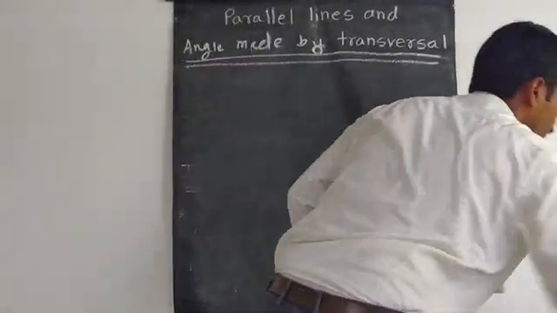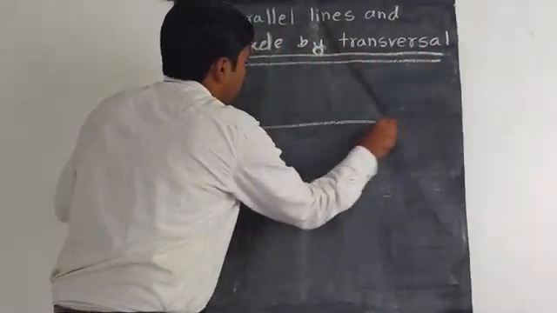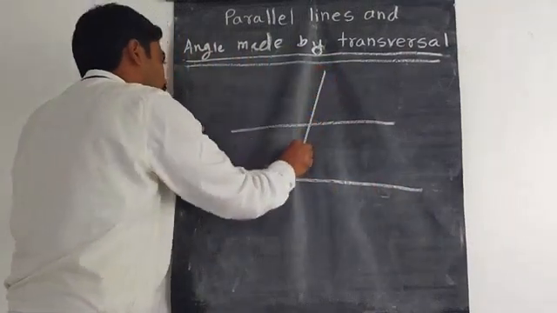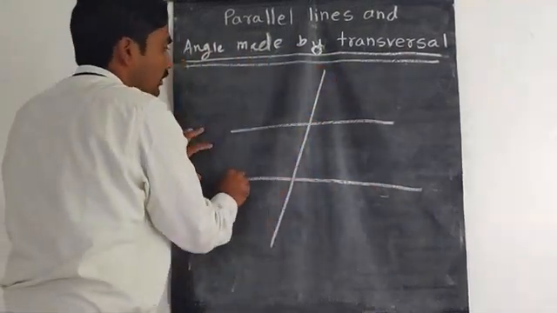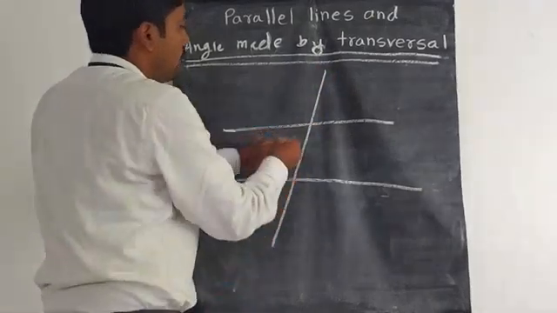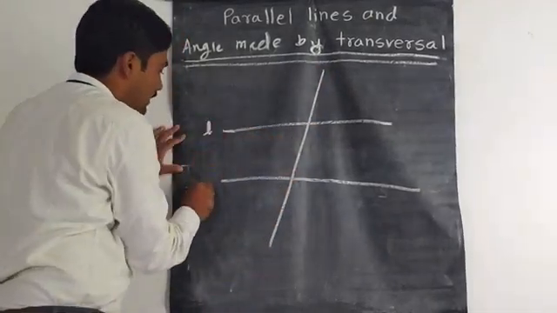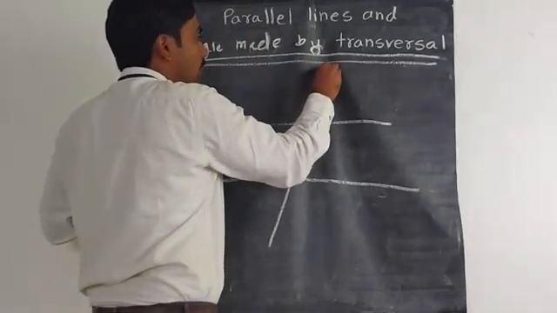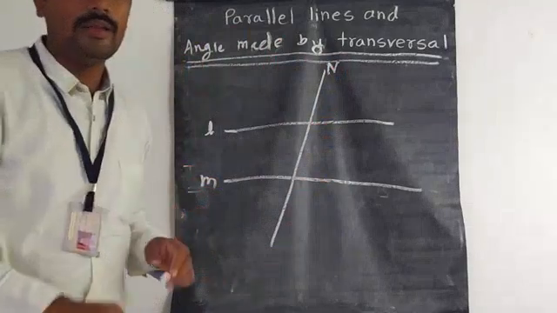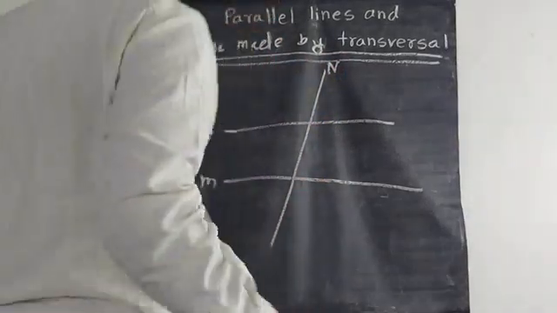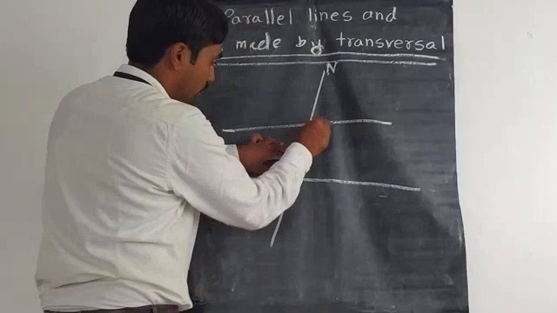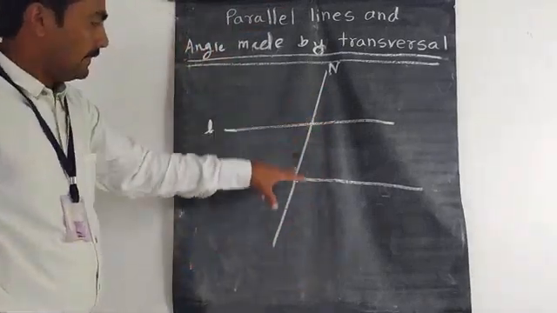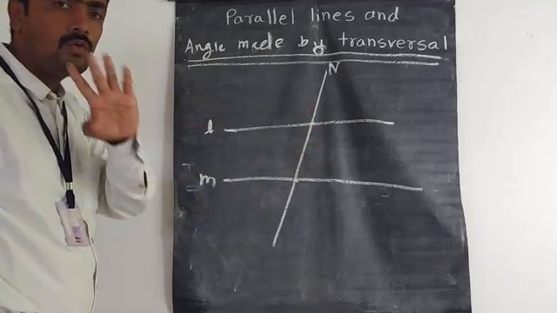See students, these are the two lines. And this is the transversal line. See students, these are the two distinct points, that is the two different points made by the transversal. प्रत्येक पॉइंटला किती अँगल मिळतात आपल्याला? 4 अँगल.